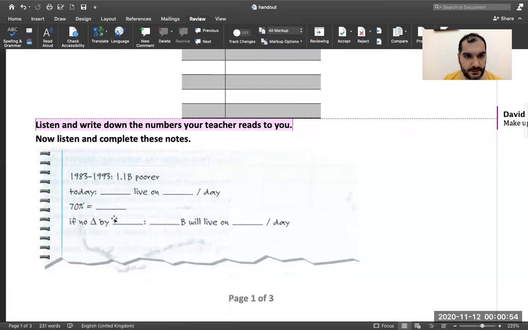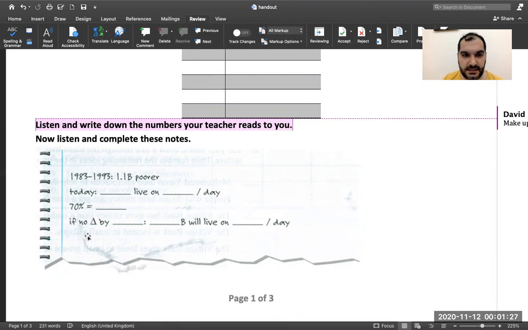Here are the answers. Today, 2.9 billion people live on less than $2 per day. 70% are women. 70% of these poor people are women.